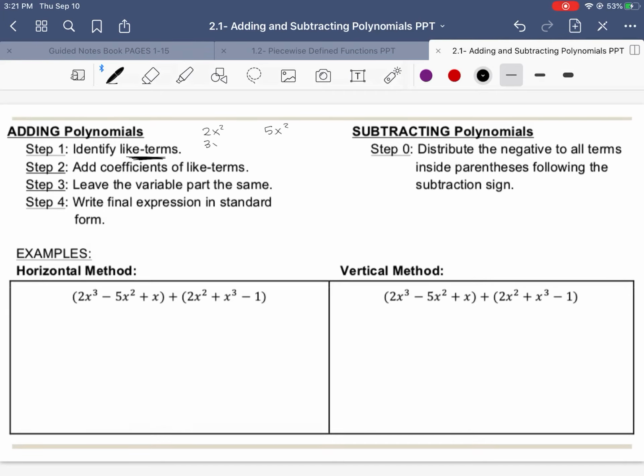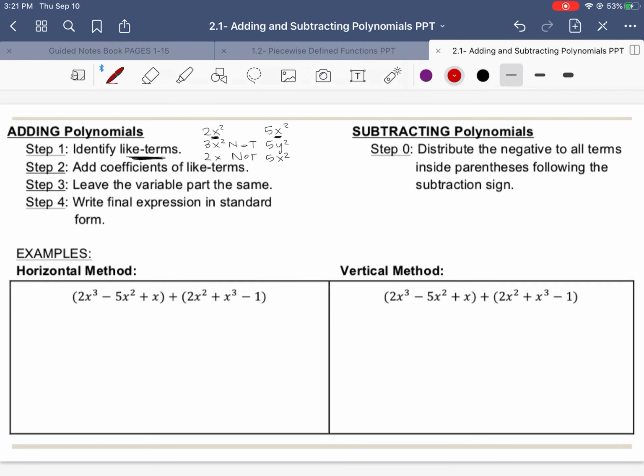If I have 3x squared and 5y squared, these are not like terms. Okay, they have different variables. If I have 2x and 5x squared, these are not, because one has an x and one has an x squared. So they have to have the identical variable and identical exponent on the variable. Okay, and then we combine them like you're used to.